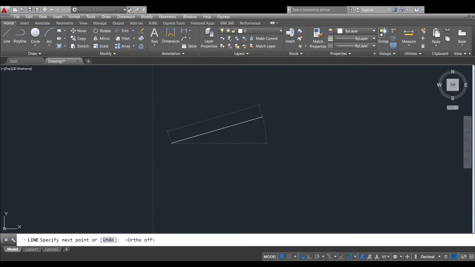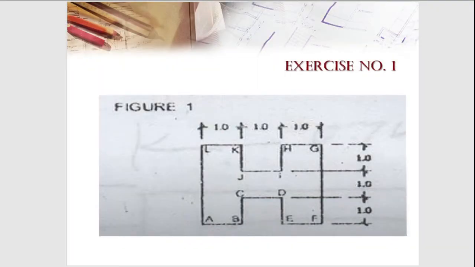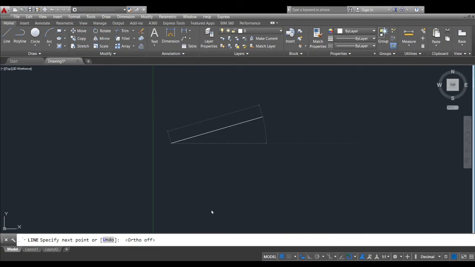From our figure, our point B is located at the right side of A. So from A to B, our x is 1 and y is 0 since there's no movement in y. So 1,0, and don't forget the hashtag. Hashtag 1,0.